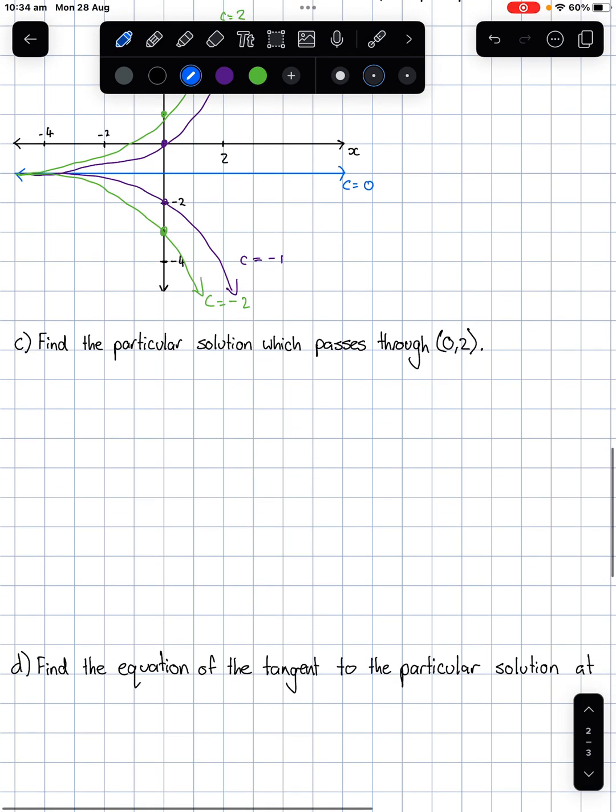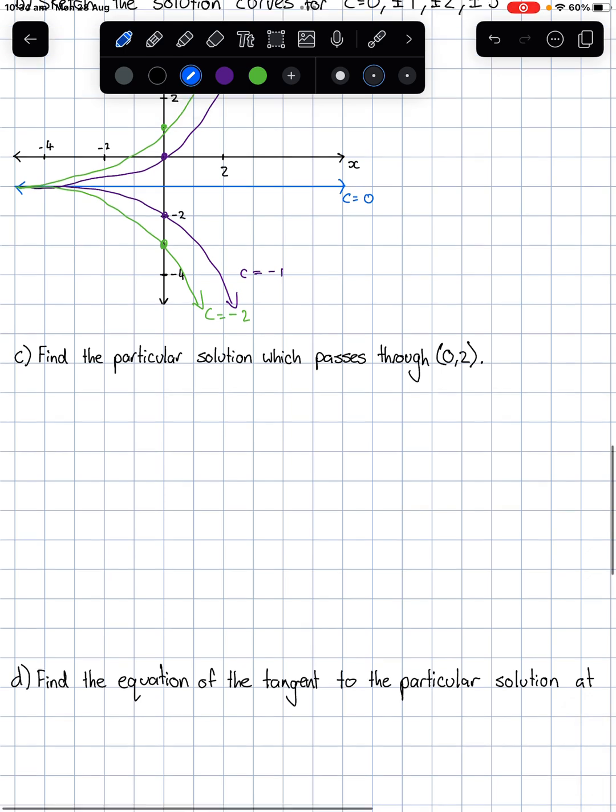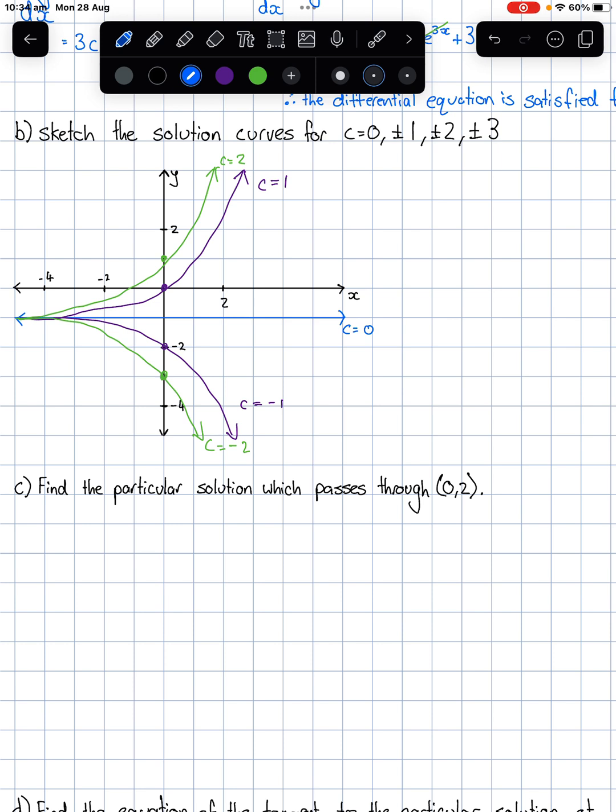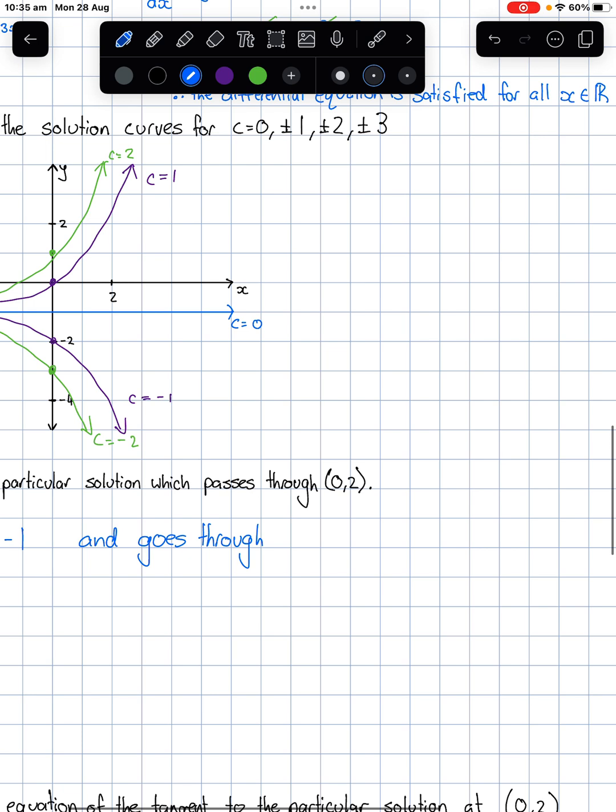So find the particular solution which passes through 0 and 2. So in this particular case, we're looking at our y function. So we were given y equals ce to the 3x minus 1. And it goes through 0 and 2.